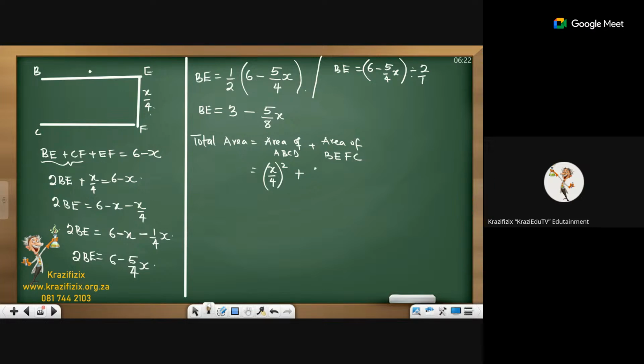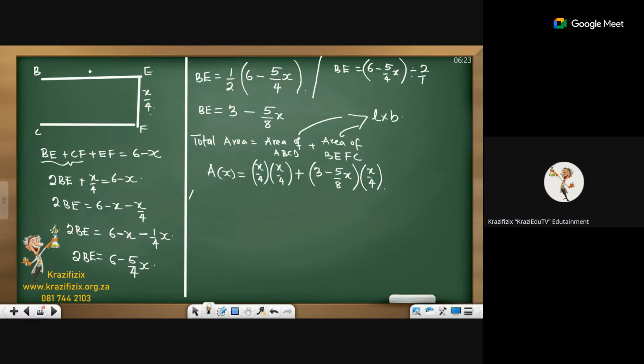Do we know BE? 3 minus 5 over 8 x multiplied by the side, x over 4. Please, I hope that makes sense. A rectangle and a square have the same principle of area. That's why I have, let me write this out, okay, x over 4. So our area is in terms of x, right? Remember, both of them, we are dealing with length.